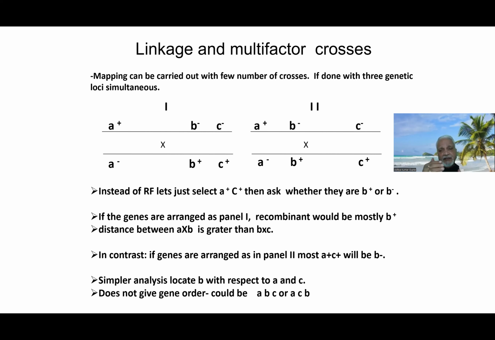So by doing this kind of analysis, where the genetic recombination process was taken as a tool, a lot of information was generated to understand basic bacterial genetics in the 60s.